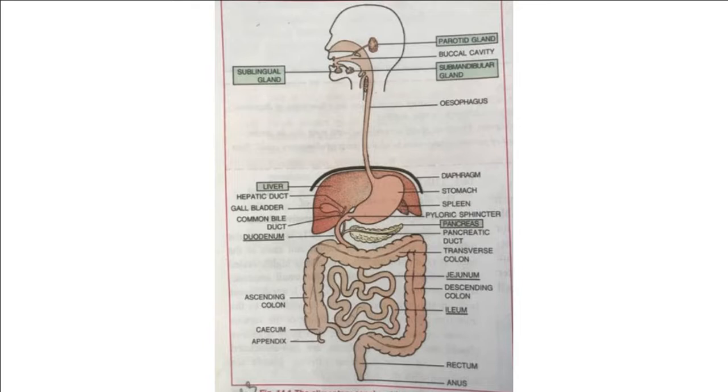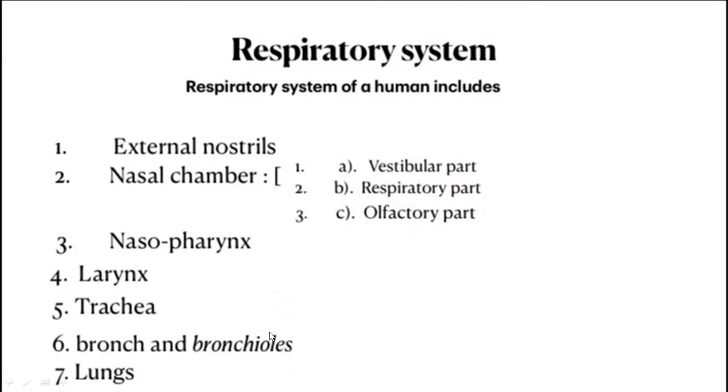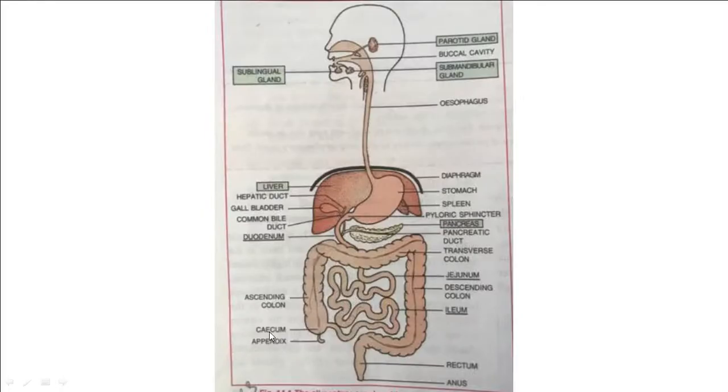Large intestine is the terminal part, and in the large intestine we have different parts here. You can see the transverse colon, descending colon, ascending colon, cecum. All these are the different parts of the large intestine.